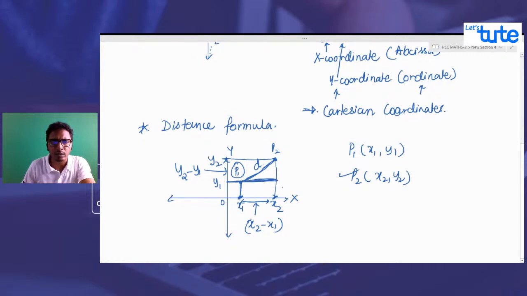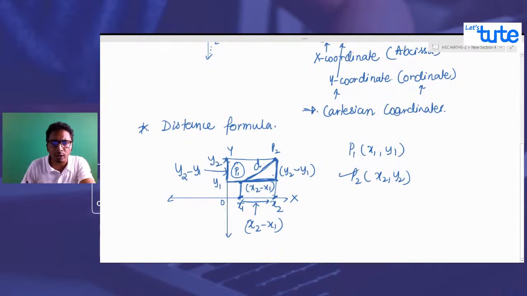So this is called x2 minus x1 because they both are the same. Similarly, this distance, that is y2 minus y1, is equal to this. So this is called y2 minus y1. So we have x2 minus x1 and y2 minus y1.